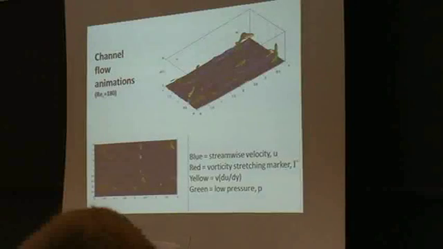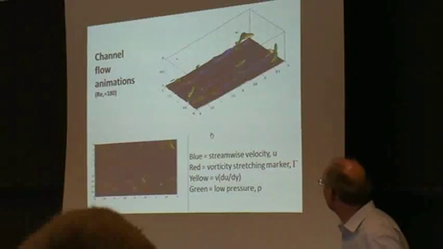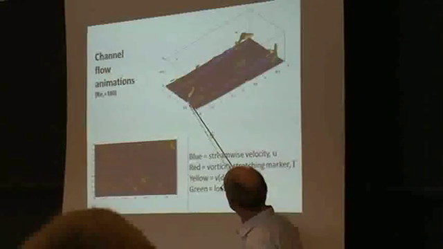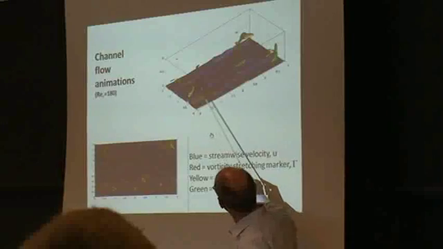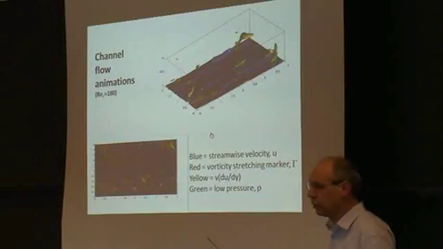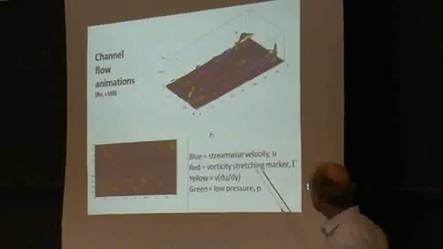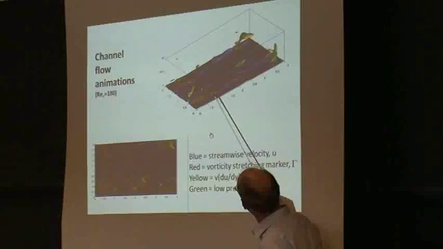So, I promised some movies. I'm going to explain what you're looking at. The blue is velocity, typically velocity equal to 10 in channel flow. This is showing you the low speed streak regions, basically very near wall structures. The red is this vorticity stretching marker, and you'll see how that works when we look at the movie.